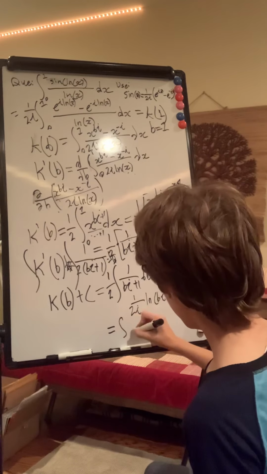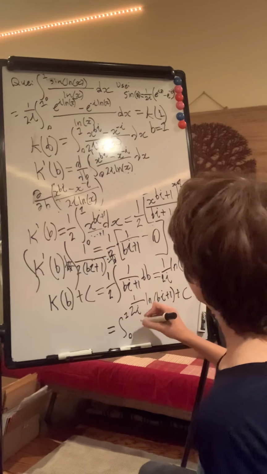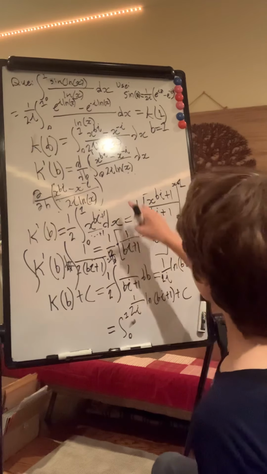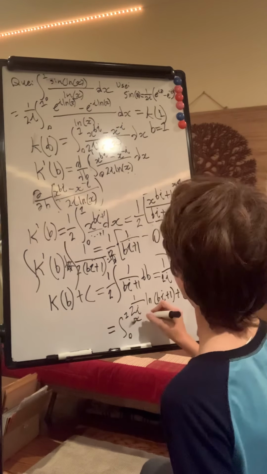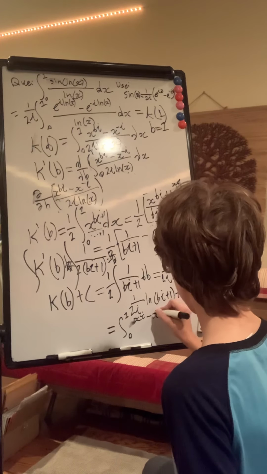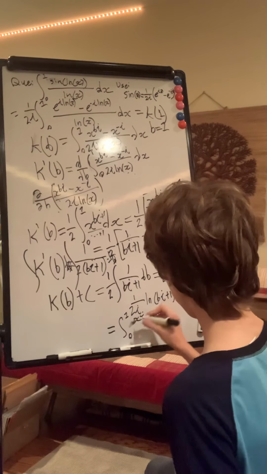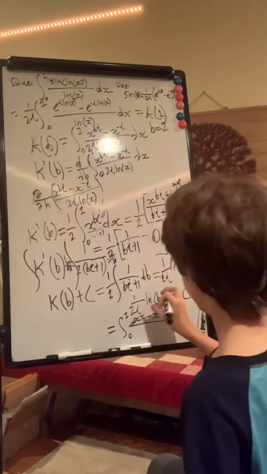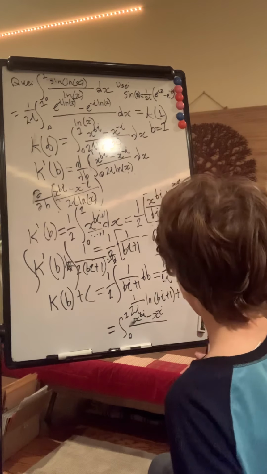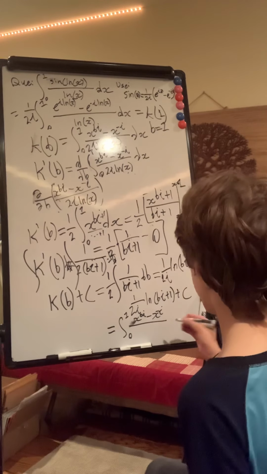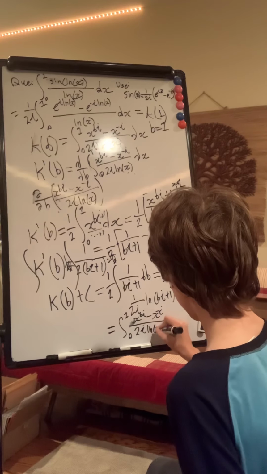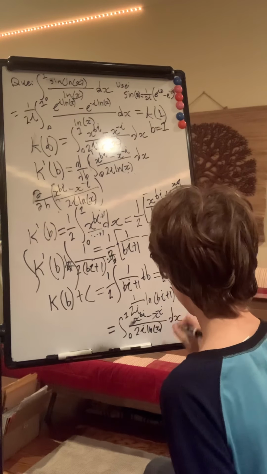So we have the integral from 0 to 1 of x to the bi minus x to the negative i, oh wait, we need our b there, of course, x to the bi minus x to the negative i over 2i ln x dx.